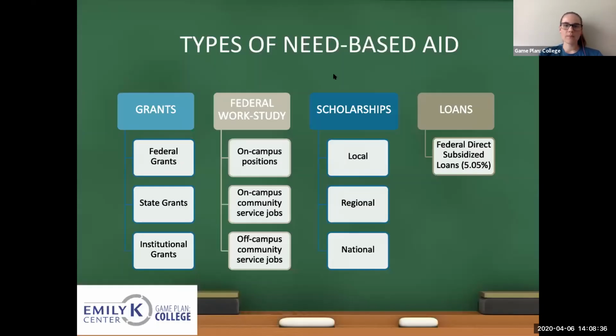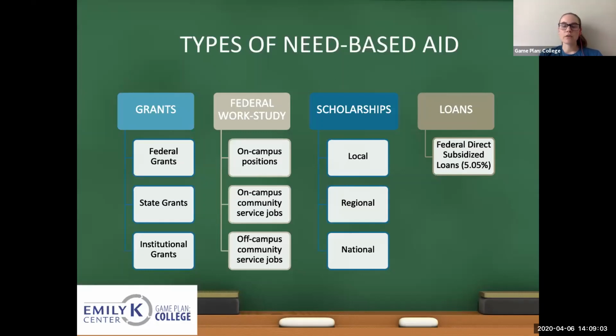Okay, so I just want to start by talking a little bit about the different types of financial aid. There are two types. There is need-based aid, which is in front of you, and then non-need-based aid, which I'll get to in a second. So need-based aid is financial aid from schools, so money that schools or the government or the state gives you that is based on your income.